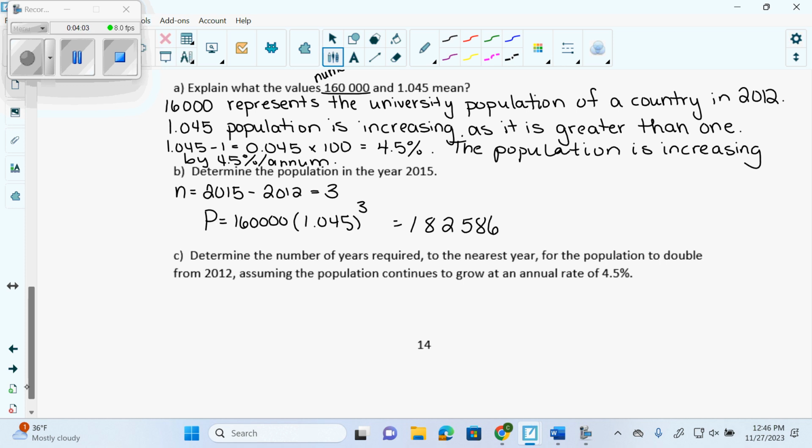Determine the number of years required, to the nearest year, for the population to double from 2012. So we're going to have a final of 320,000 equals 160,000 bracket 1.045 to the n. What do we have to do next? Divide by 160,000.